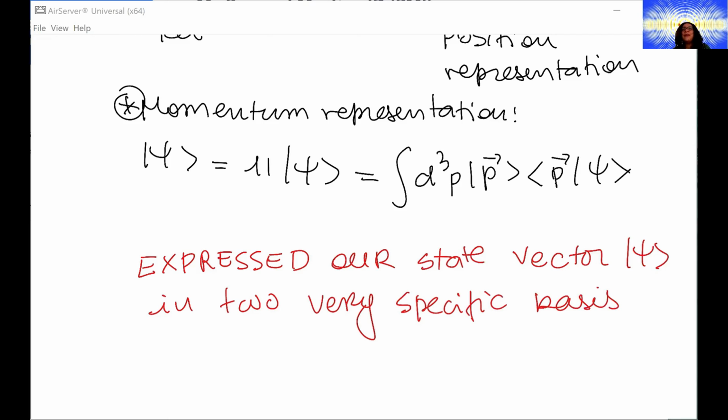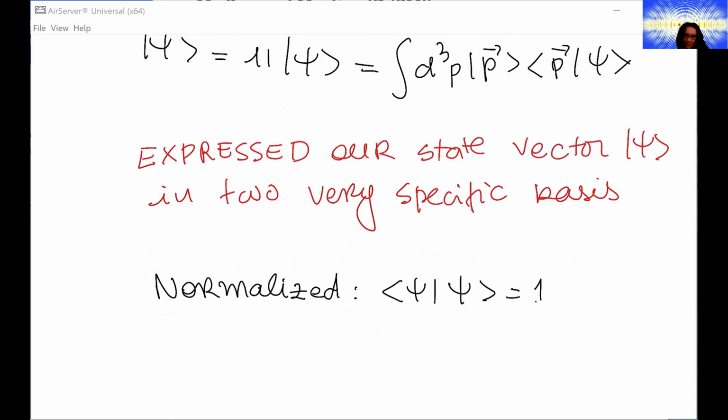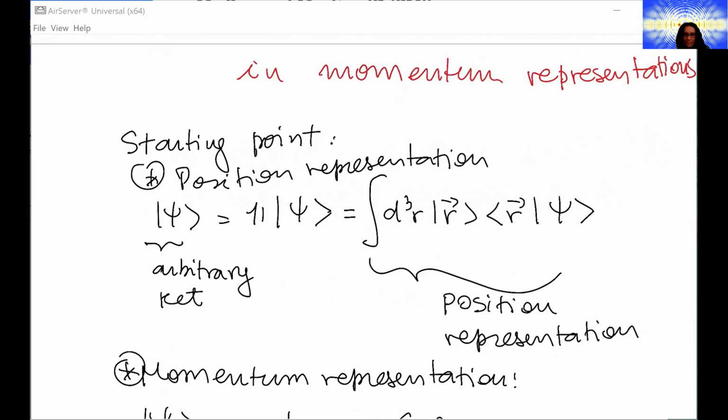Now we know, and that's where I'm going to show you, that the norm of psi has to be 1, right? So the state vectors should be normalized. By their very definition, they are representing probability. So you know that this has to happen. So what am I going to do? Let's get this guy, right?